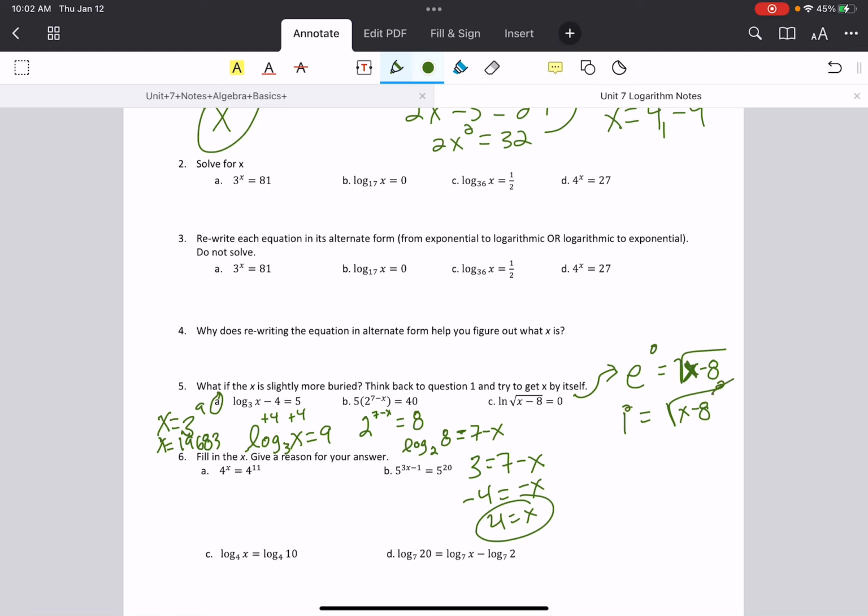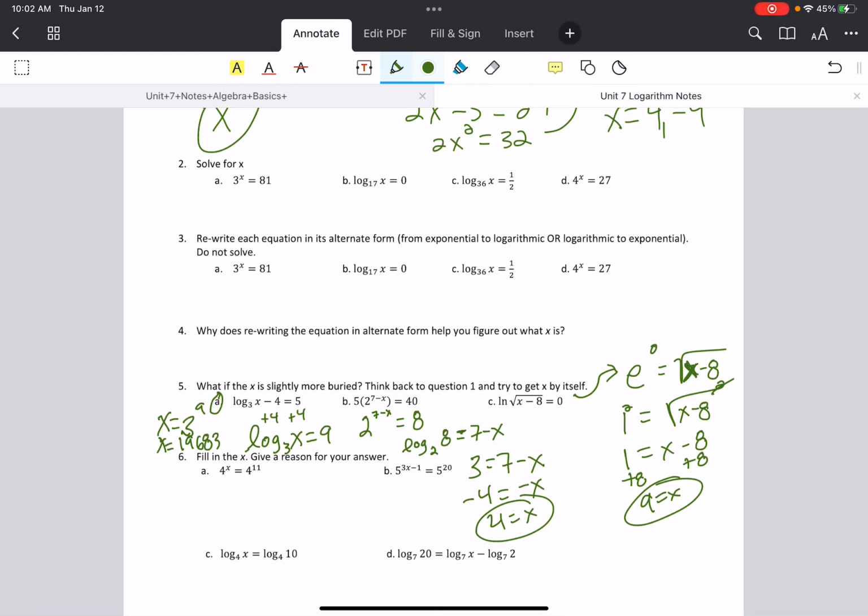And here I can just solve it like a regular equation. How are we doing so far, okay?